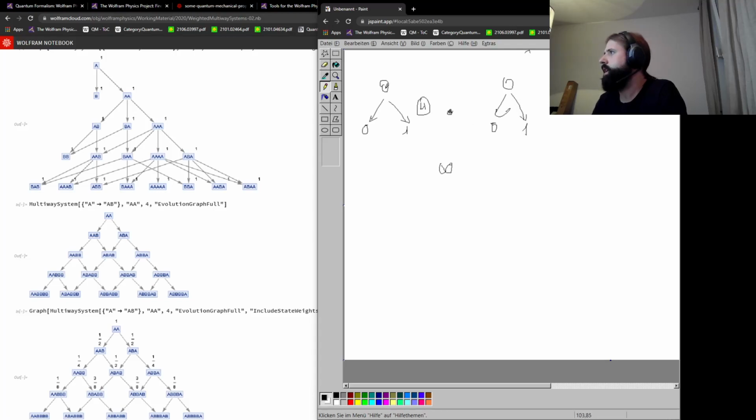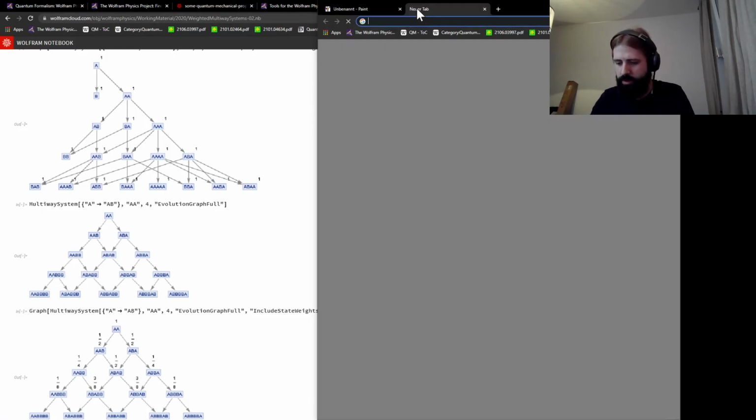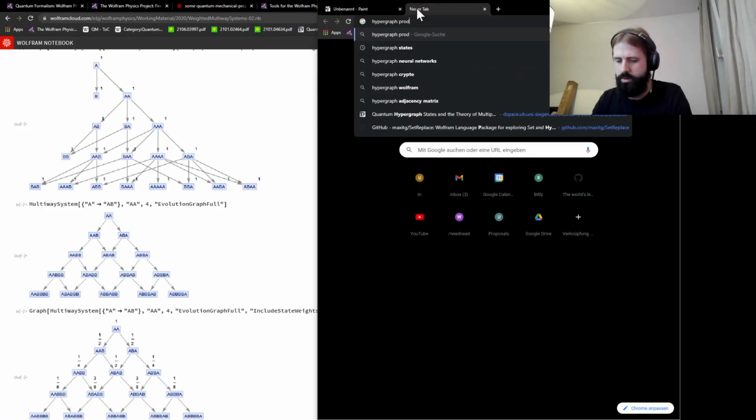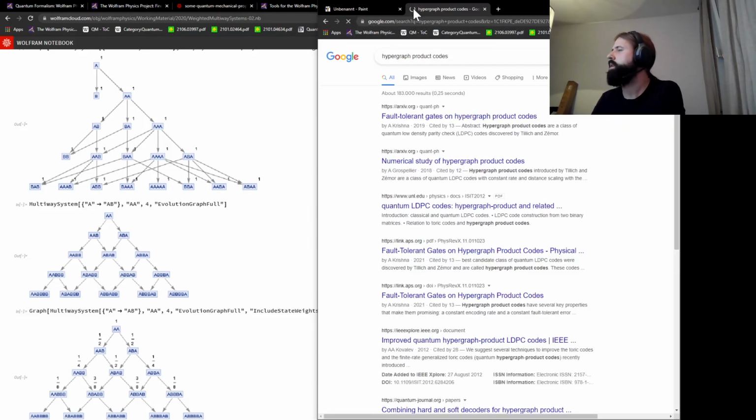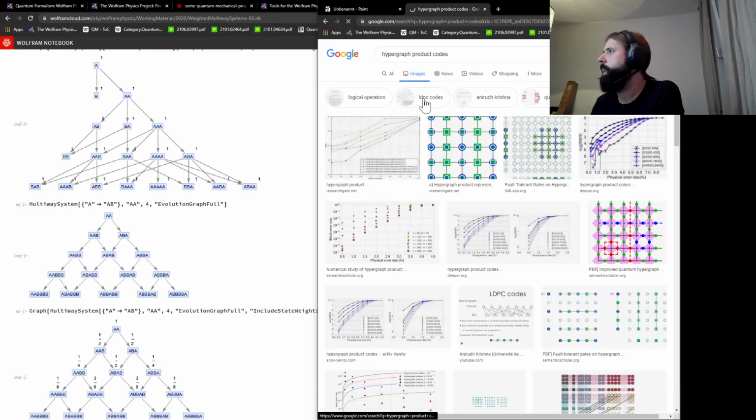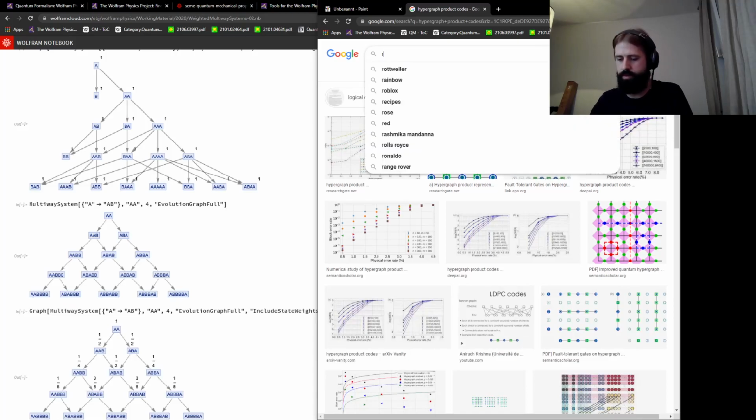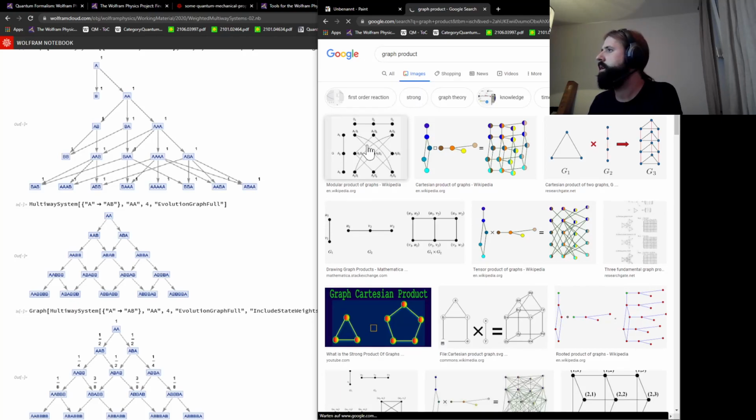Probably that's what you do. Is there a definition of a hypergraph product? Probably many. And what is a graph product? Yeah, modular product of graphs.